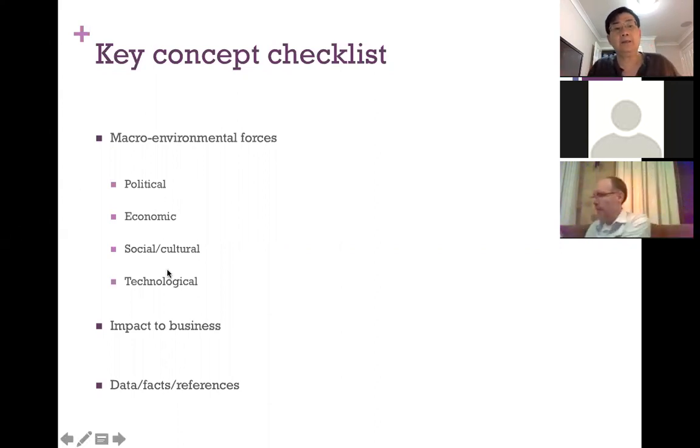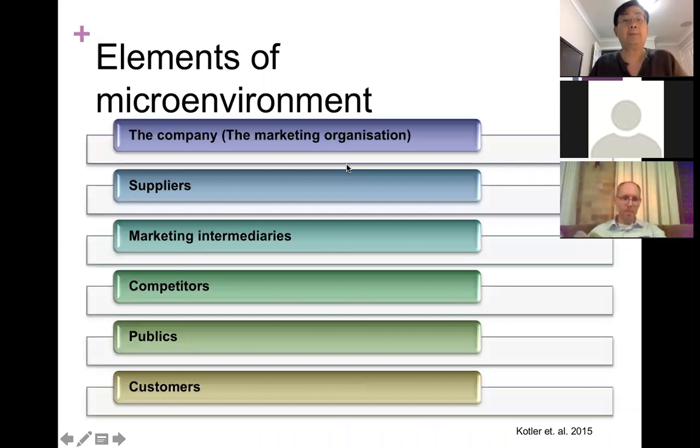Now, these PEST forces would contribute to the evaluation of the markets that you're going to select. And tonight we are going to discuss the micro environmental forces, or the micro environmental actors.